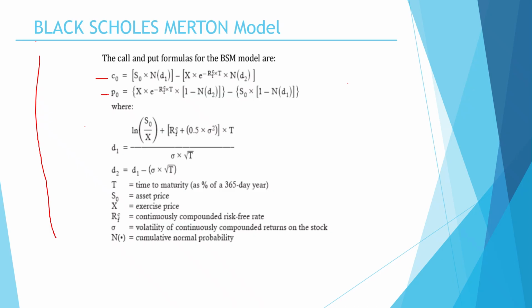I will not explain how these formulas are derived in this presentation. I will only explain the technical and fundamental points related to these formulas, which will help you develop a more conceptual understanding of this pricing model.